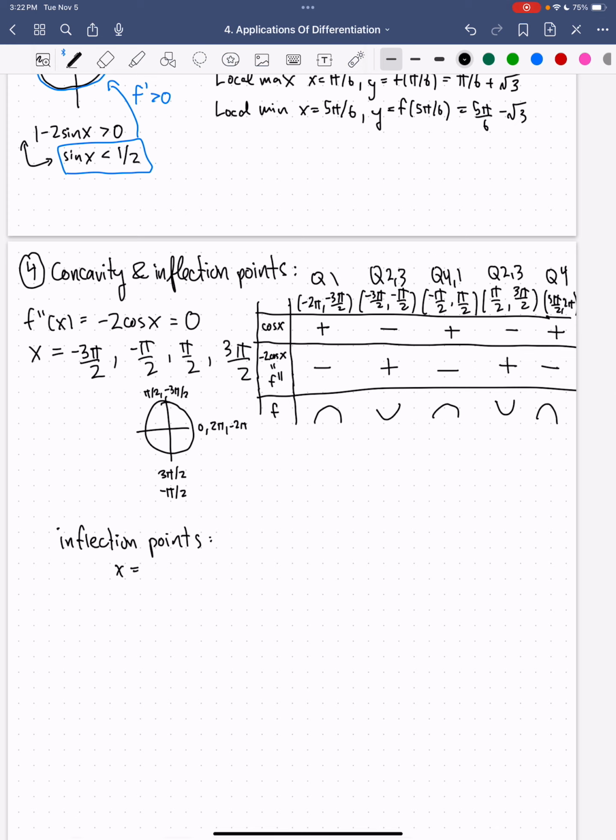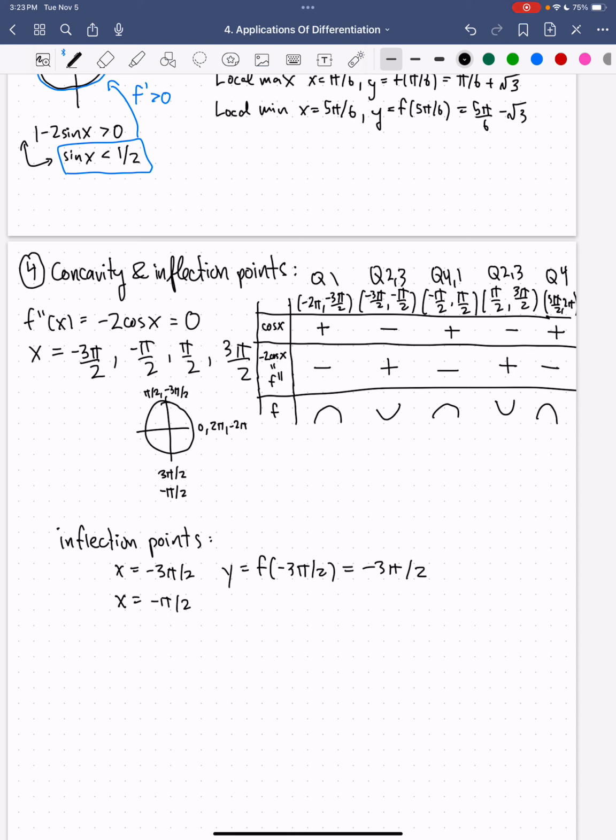Okay, so we've got x is negative 3 pi over 2. If you work out what your y value is, remember you use the original function for that. We also get negative 3 pi over 2. Just because the original function has that cosine, so you just end up getting the same value back, but you can plug these in, you'll see.